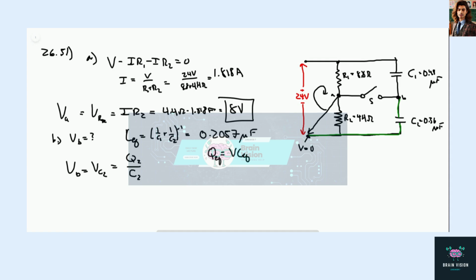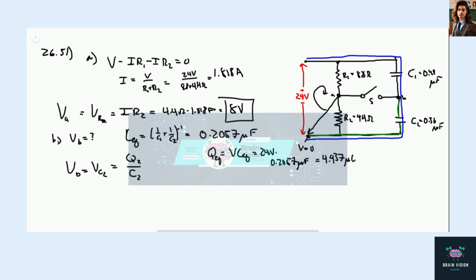And why is that? That's because we can travel this path, which goes just across both capacitors from the positive 24 volts point to the V equals 0 point. So we can write this as 24 volts times 0.2057 microfarads, and this comes out to 4.937 microcoulombs.